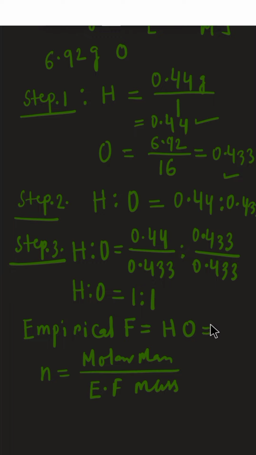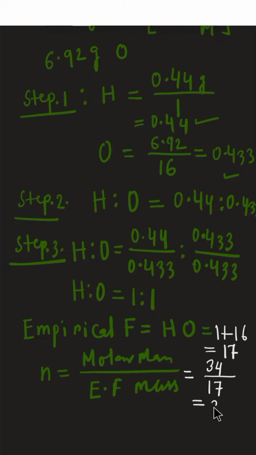For hydrogen it is 1, and for oxygen it is 16, that is 17, the empirical formula mass. So there we can find out n. The value of molar mass given in the question paper was 34, if you can remember. And the empirical formula mass is coming 17. So what is the value of n?